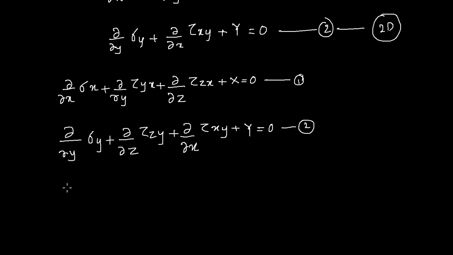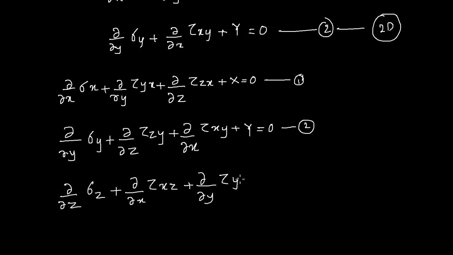And you also have force equilibrium in the z direction as ∂ by ∂z of sigma z plus ∂ by ∂x of tau xz plus ∂ by ∂y of tau yz plus z equal to 0.